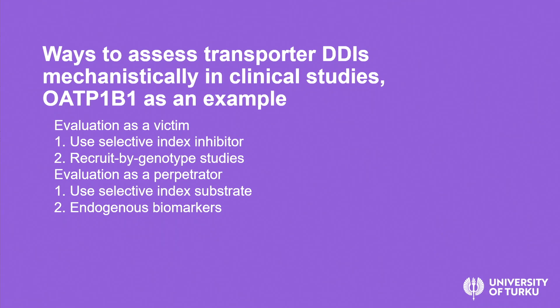So for the first question, we would typically use a selective index inhibitor, and for the second question, a selective index substrate, and work with that. But there are other options if we lack those inhibitors, and I will come to these options in the examples I have here.